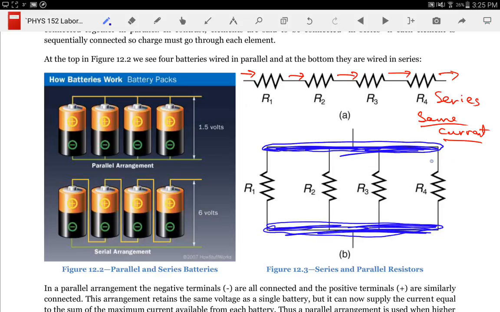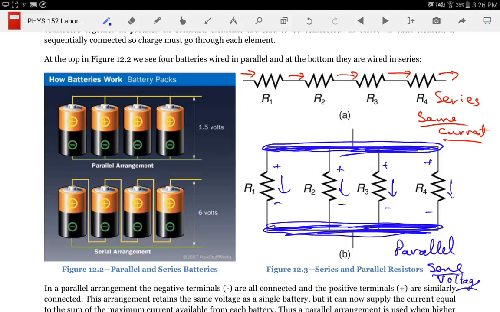So that means that the voltage difference is the same for each item that is in parallel. So parallel circuits have the same voltage across everything. Series circuits have the same current through everything.